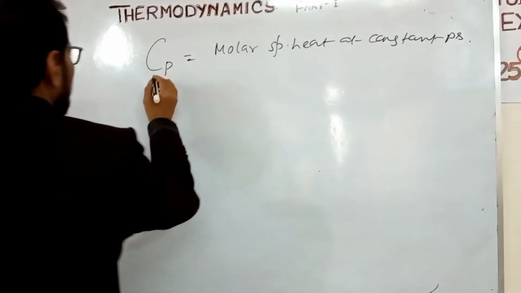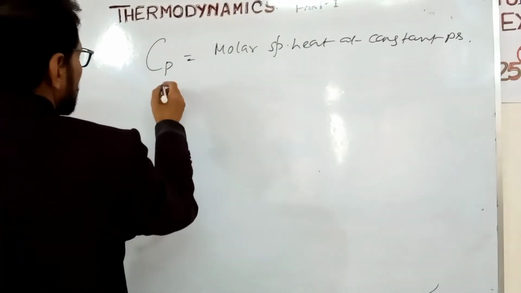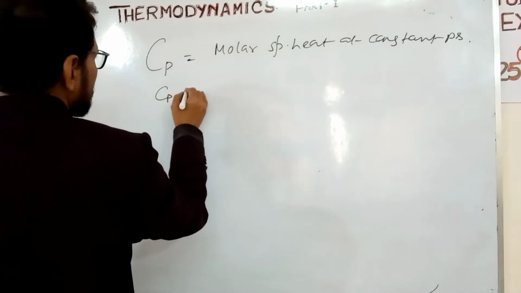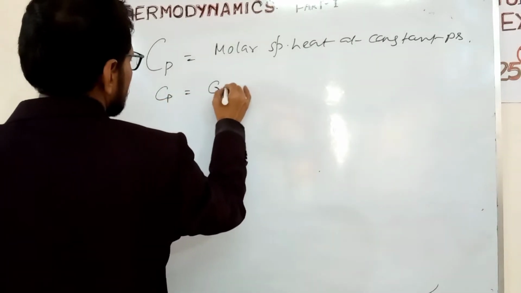Now there is another specific heat, gram specific heat. It is denoted by small cp, that is the gram specific heat.